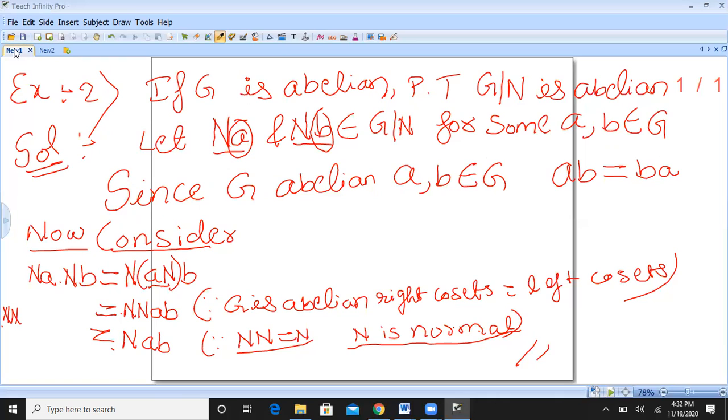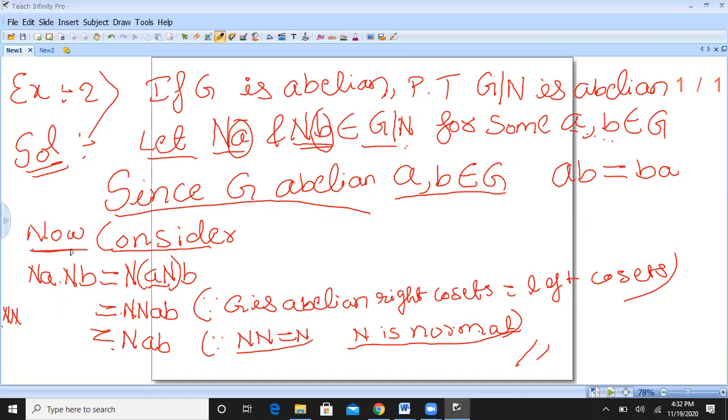So next, let NA and NB belong to G by N. You already know that in the factor group we have NA and NB belonging to G by N. Therefore A comma B belongs to G, since G is an abelian. So we can write that AB is equal to BA.